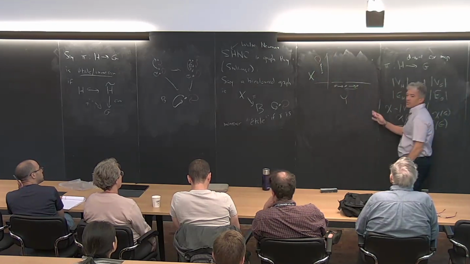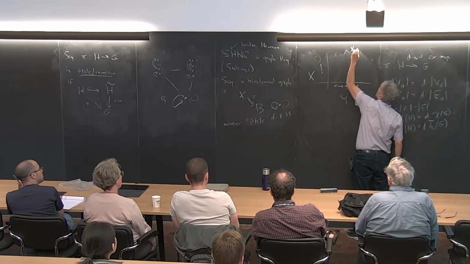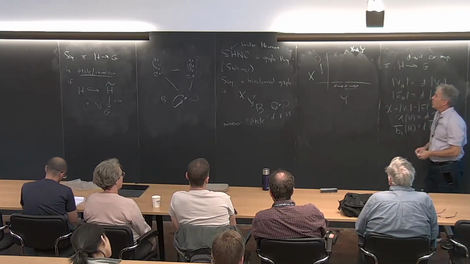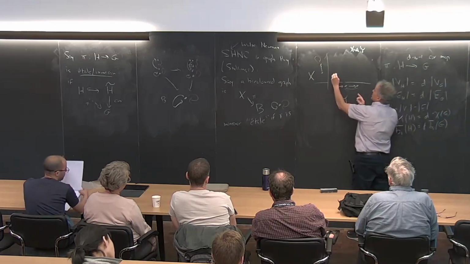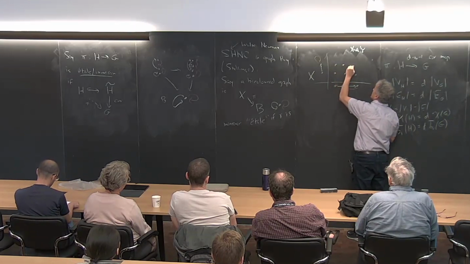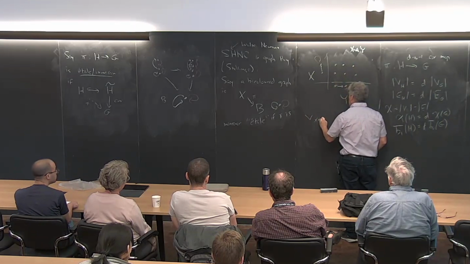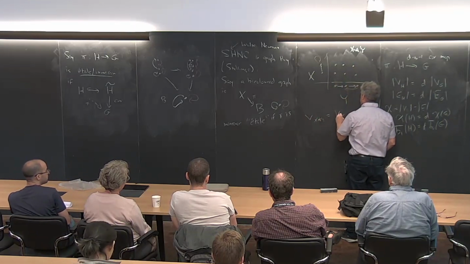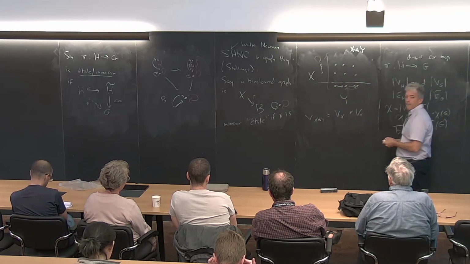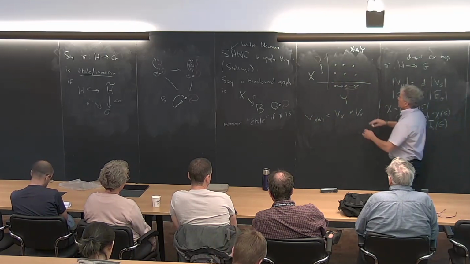And usually there's some kind of abbreviation for this product, which is, I'll say, X star Y. What you do is you take the product of the vertices. So the vertex set of this X star Y is just the Cartesian product of the vertices of X and the vertices of Y.